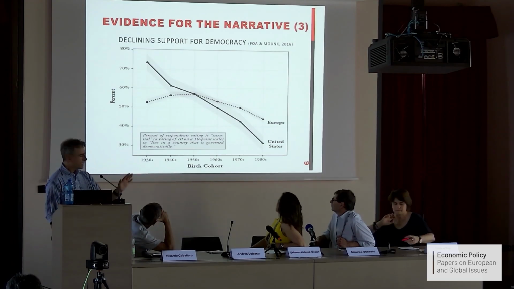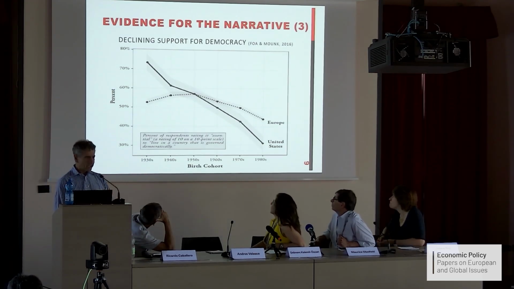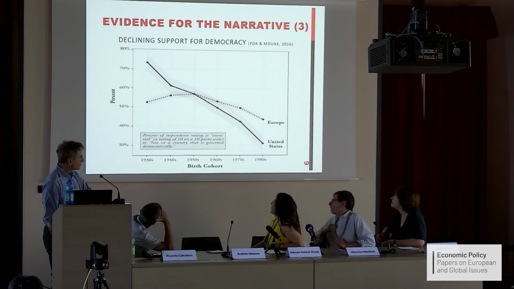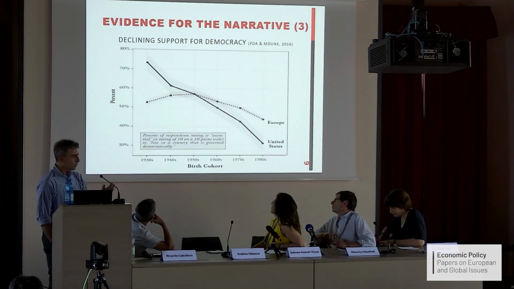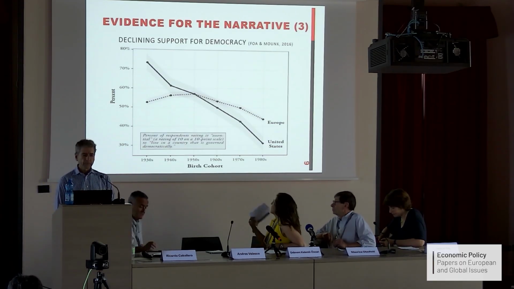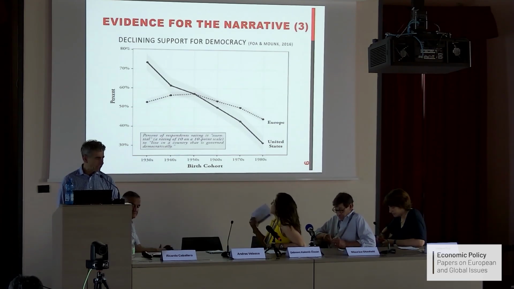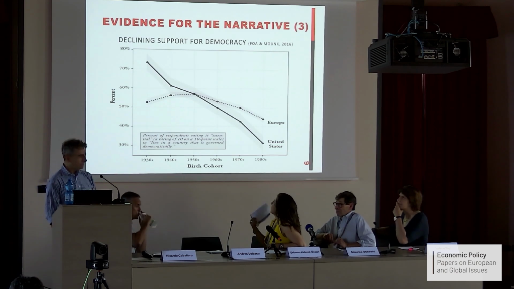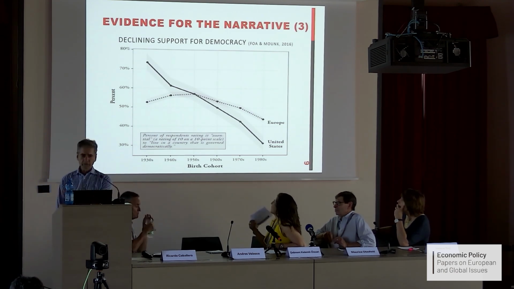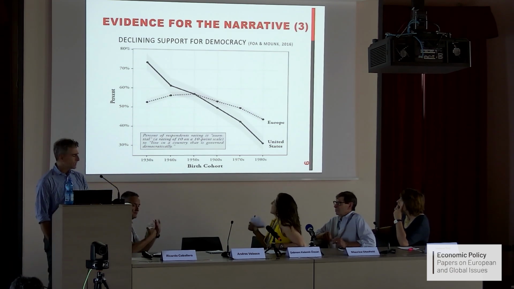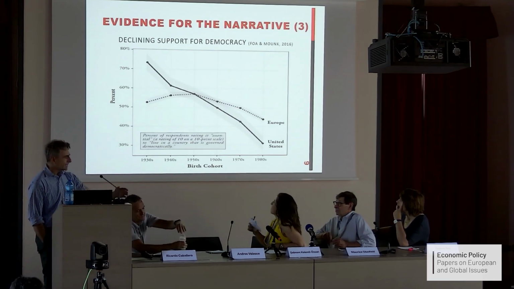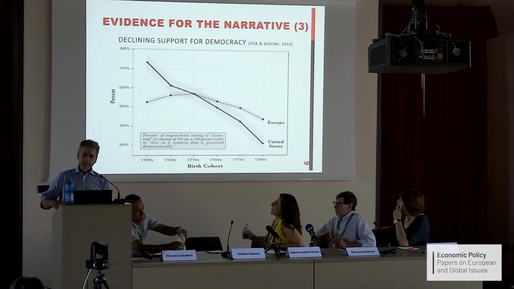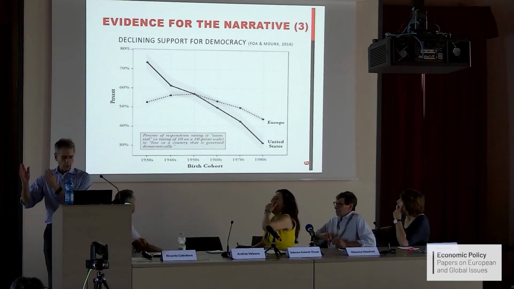So again, I'm not being scientific here, I'm just illustrating a narrative which I think is quite well settled. Some people on the left emphasize the inequality a bit more. Some people on the right emphasize the low growth, the frustration of the middle class, but ultimately there's a claim about economic failure leading to democratic failure, leading to populism.